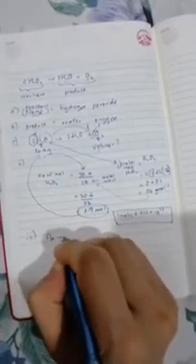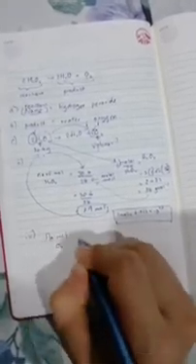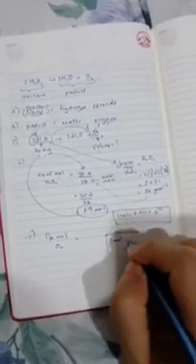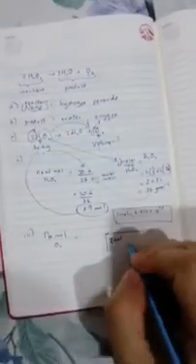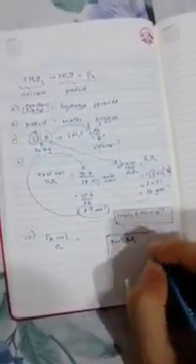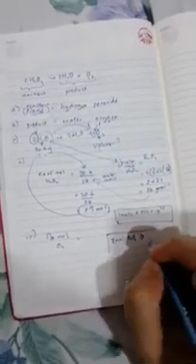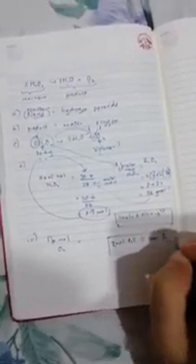That means, this is the first, this is the second, this is the third. How much is the number of moles of oxygen produced? From the equation we know 2 moles of H2O2 will produce 1 mole of oxygen.